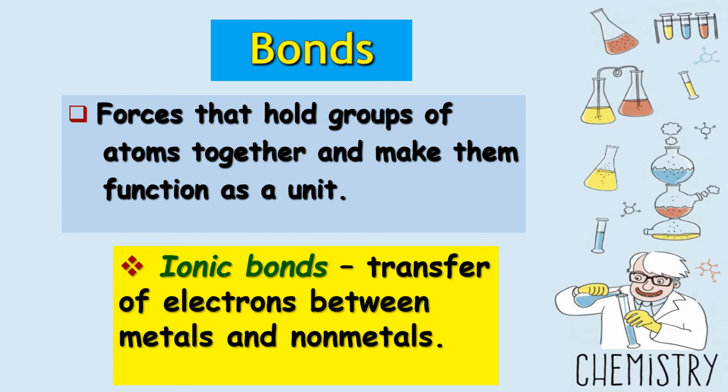When atoms react chemically by, always remember this one, losing or gaining or sharing electrons, they form chemical bonds that hold atoms together. The electrostatic forces of attraction are formed when electron transfer and electron sharing interactions happen.